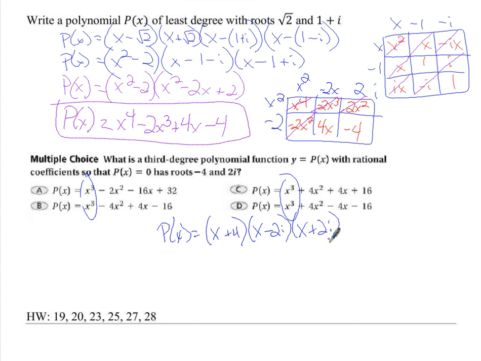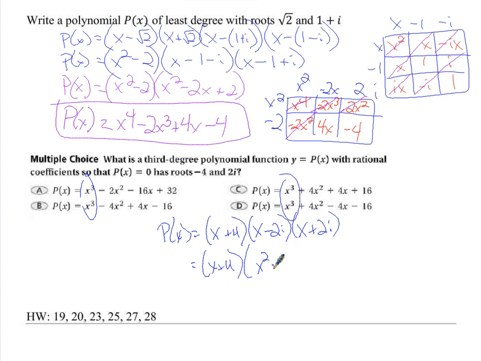There's no 3 by 3 box on this one. But we're still going to multiply what first? Multiply the conjugates first. So this gives me x plus 4 times x squared.